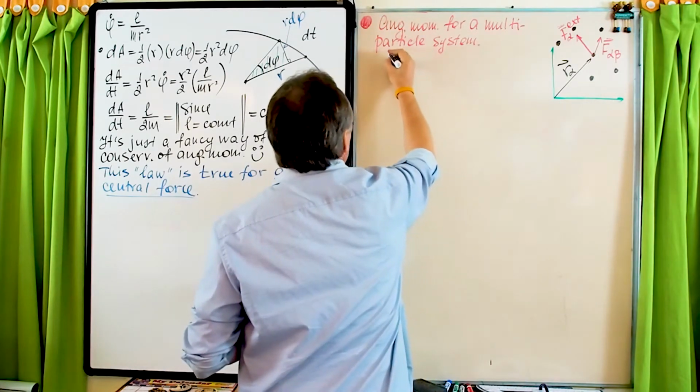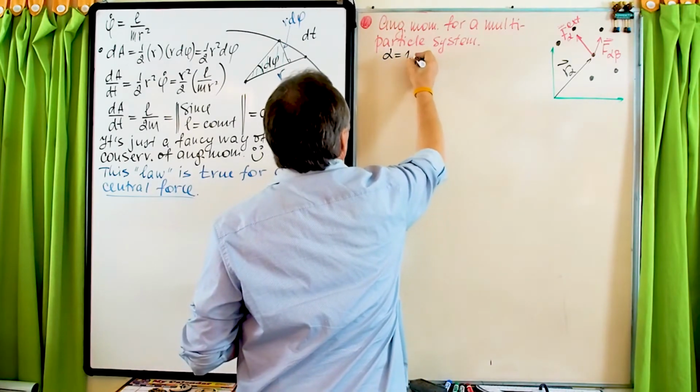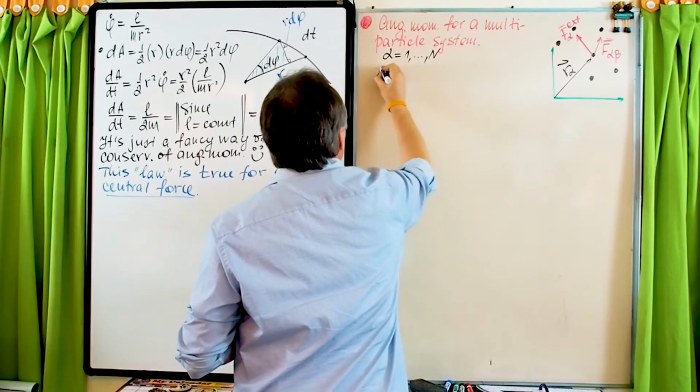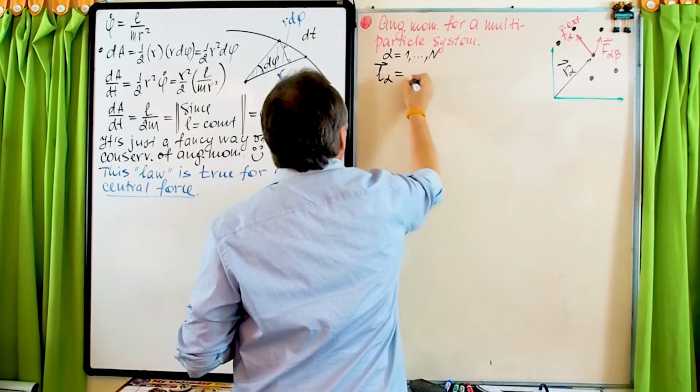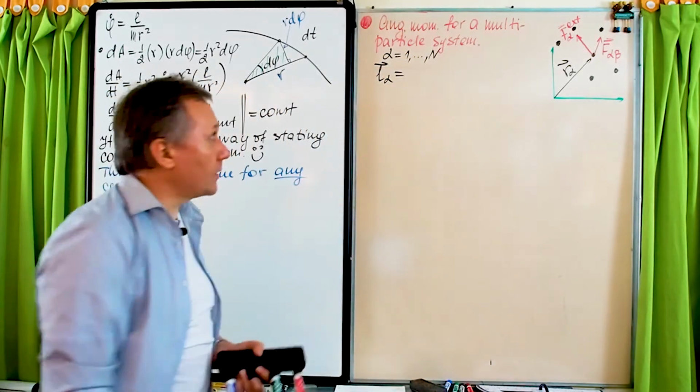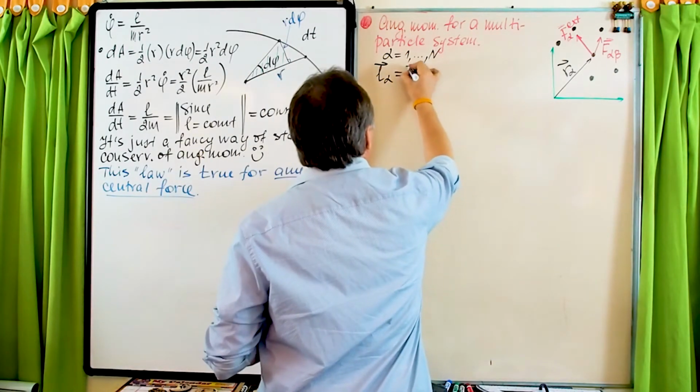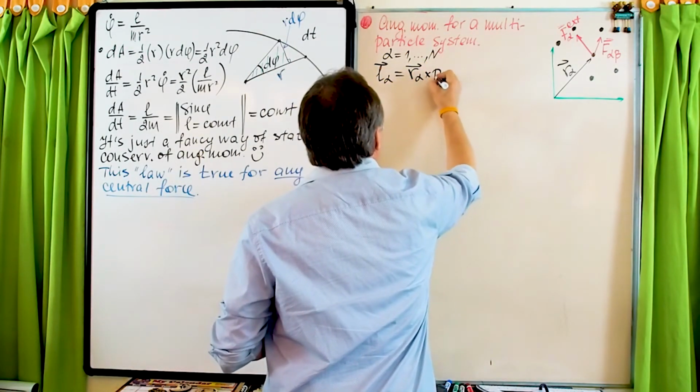Alpha, of course, runs from 1 to n. So angular momentum, the way we introduce it, is R alpha cross P alpha.